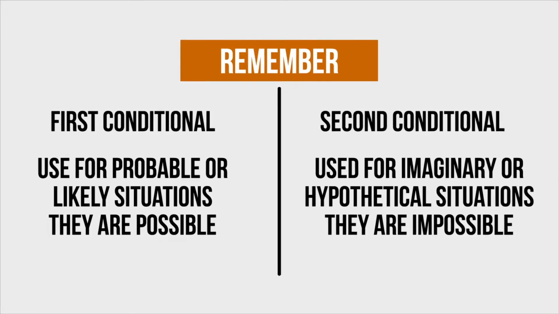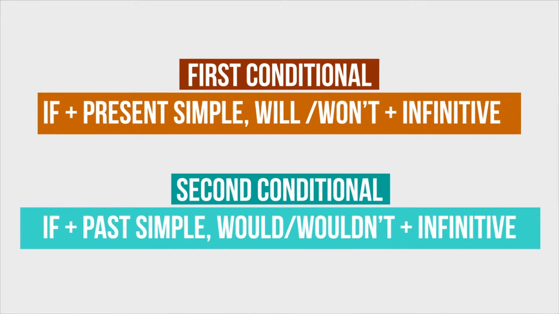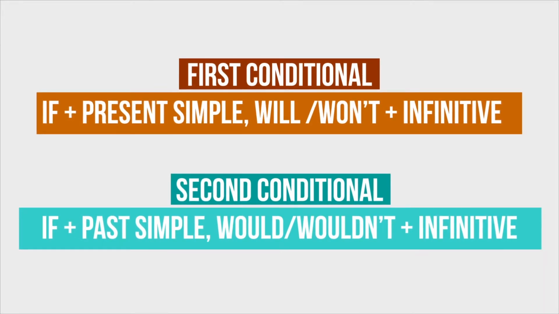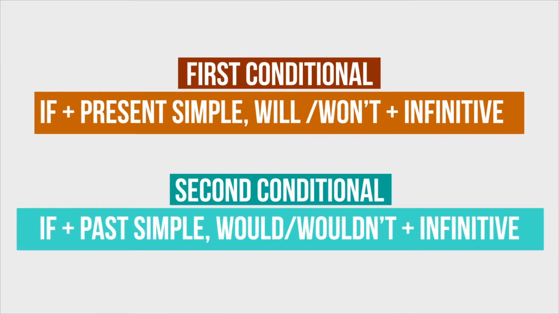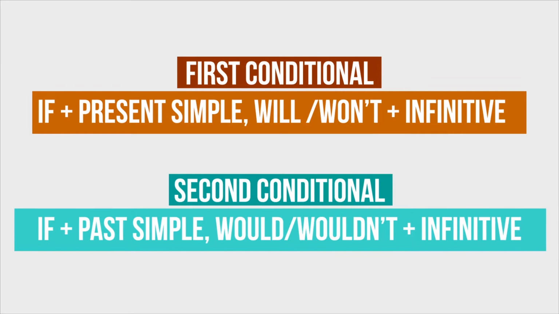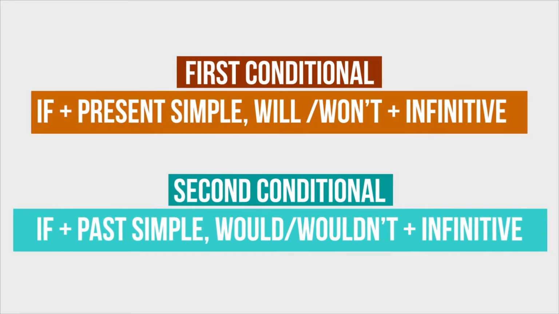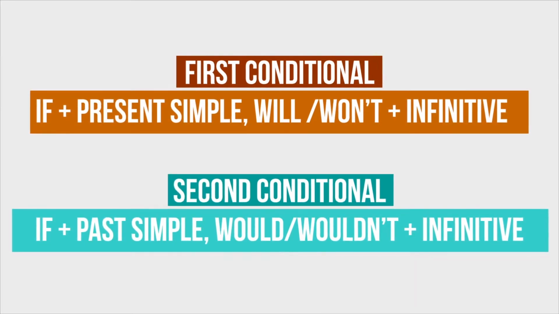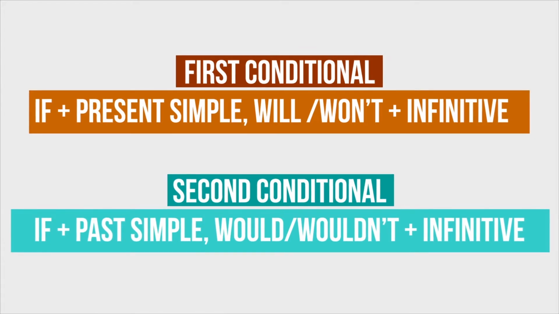They are impossible. Also, the structure is different from first conditional. Remember, it is if plus present simple, comma, will or won't plus an infinitive. So the two conditionals are different and they also have different uses.